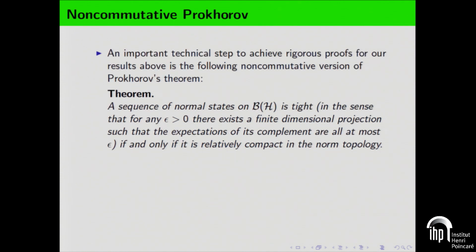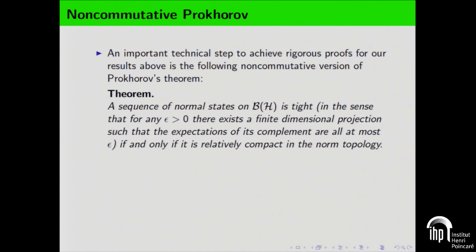So we needed some non-commutative version here, and what we were able to prove is the following. That's an important technical step to achieve rigorous proofs for our results. It can be proved that a sequence of normal states on B of H is tight, I have to give you the definition, in the sense that for any positive epsilon, there exists a finite dimensional projection such that the expectations of its complement are all at most epsilon for every member of this sequence.